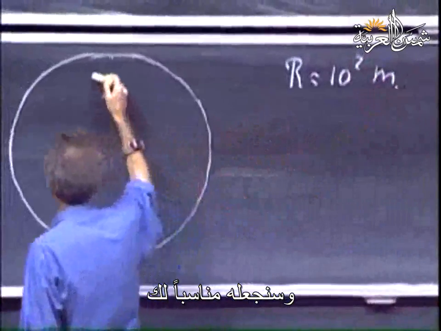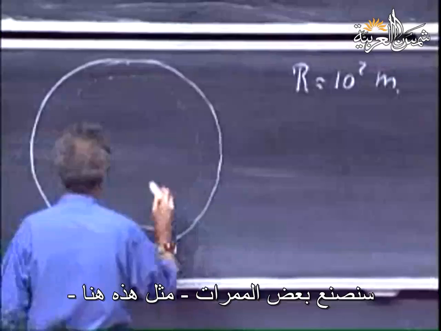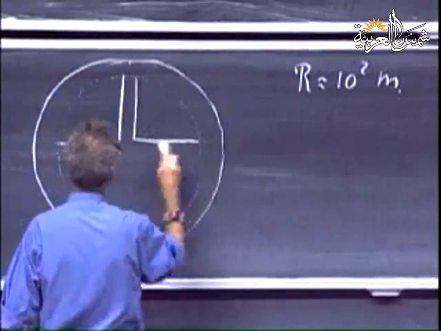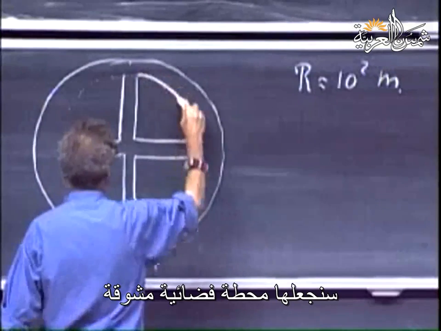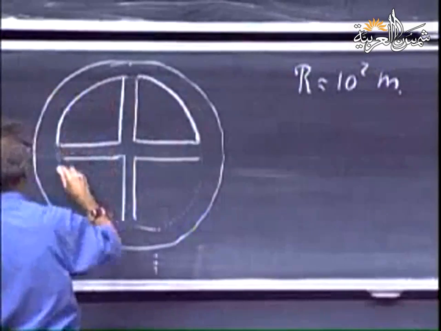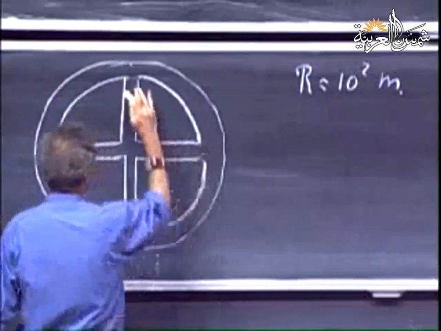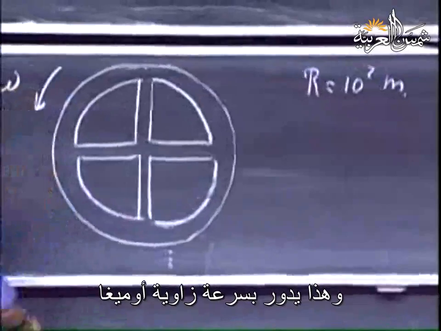And we'll make it very fancy for you. We'll make some corridors around, like here. We'll make it a very interesting space station, like so, and like so. And this is rotating around with angular velocity omega.